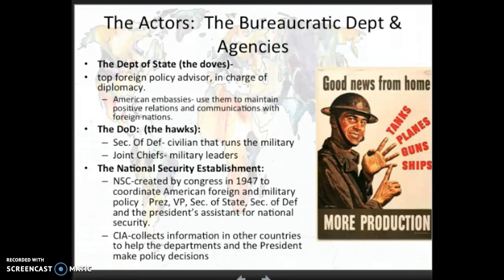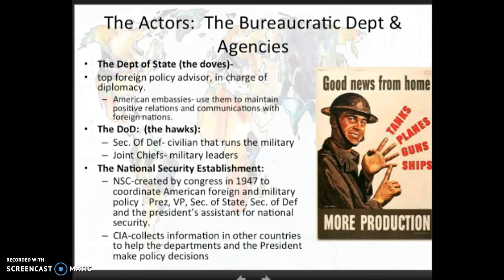The National Security Council is a collection of the President, the Vice President, the Secretaries of State and Defense, and the President's assistant for national security. And when something happens that threatens the United States, and we need to address it, the National Security Council will come together to answer questions about what the United States response should be.